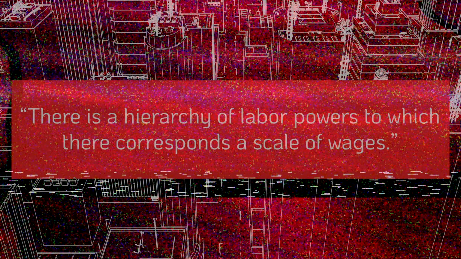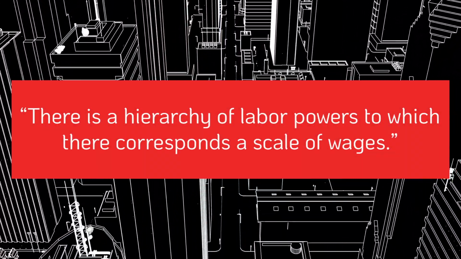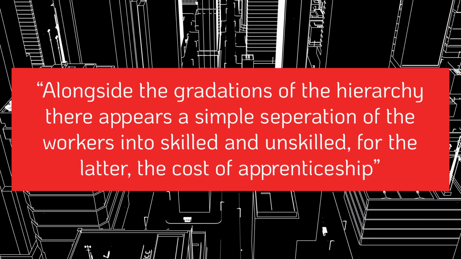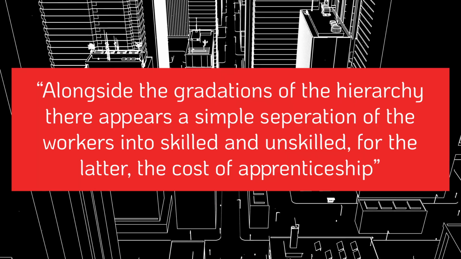So then, Marx continues in section 3, talking about how there's a hierarchy of labor powers. On 468 to 469, he says there's a hierarchy of labor powers to which there corresponds a scale of wages. Let me continue with another quote. He says, alongside the gradations of the hierarchy, there appears the simplest separation of the workers into skilled and unskilled.